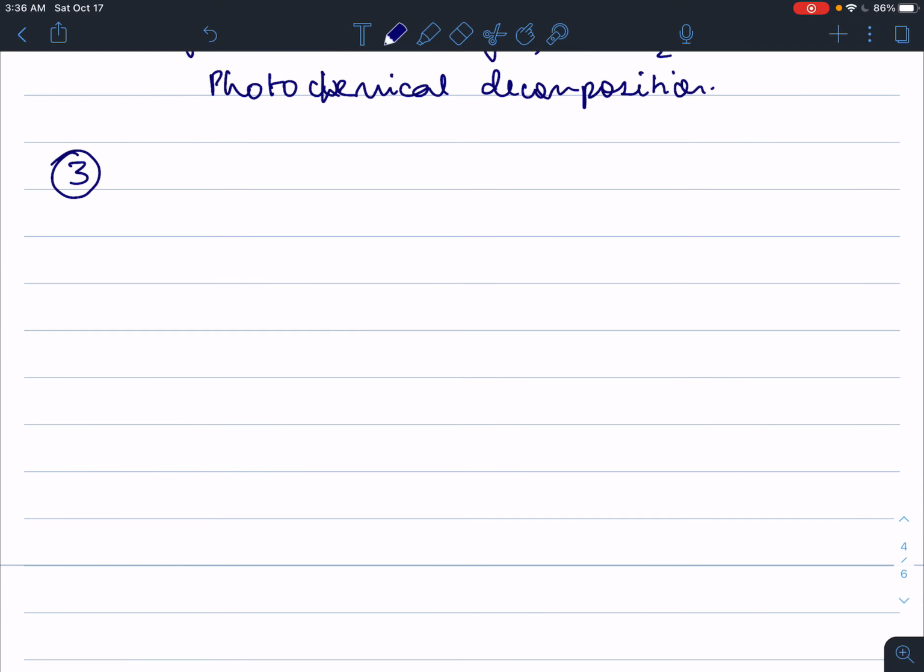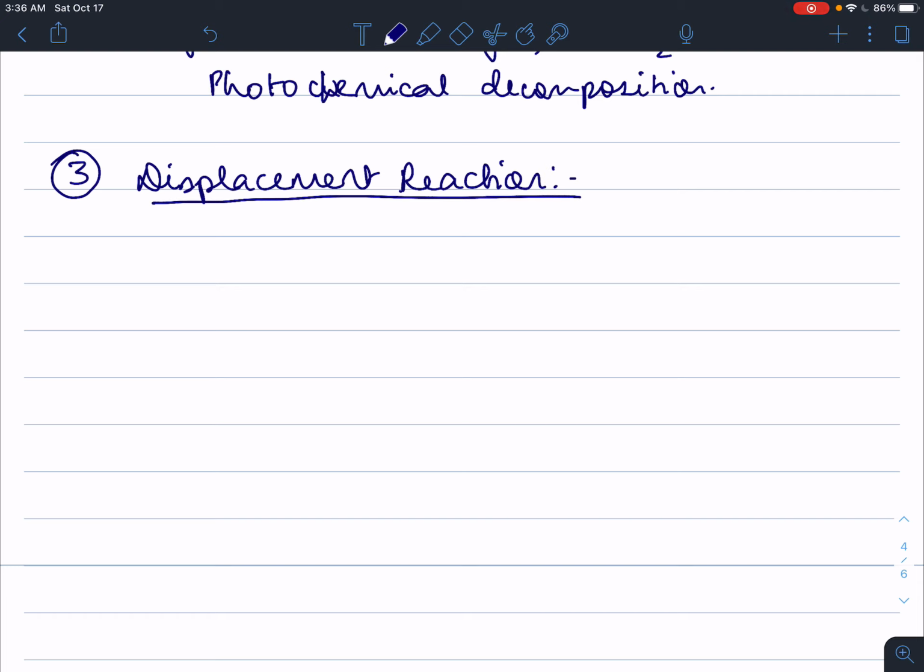We can speak about a displacement reaction. So the name says it all. Displacement is where one element moves another element out. Okay?